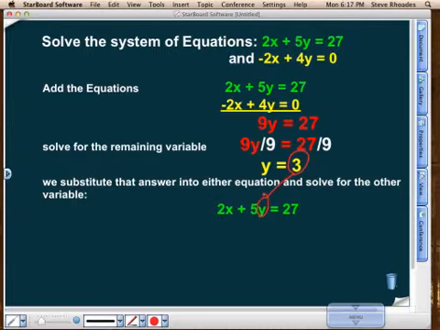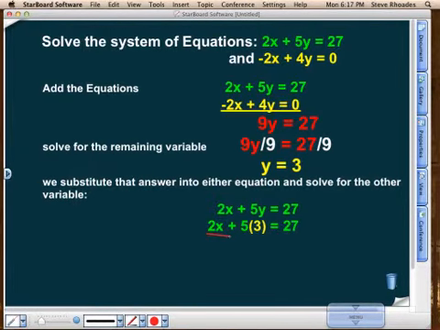All right, so we get 2x plus 5 times 3 now is equal to 27. Again, you can see that we've taken that 3, put it in place of y, and now we're going to go ahead and solve for x.